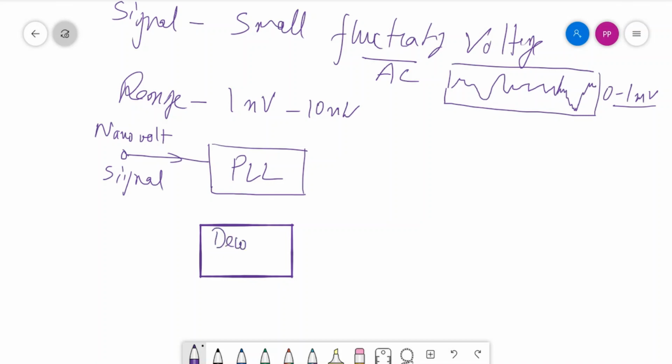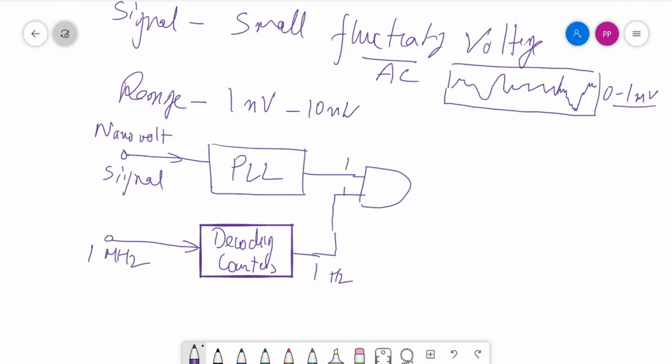This 1 megahertz clock output goes to the decoding counters, whose output is again in the 1 hertz range, and that will be compared with the output of the phase lock loop through an AND operation.